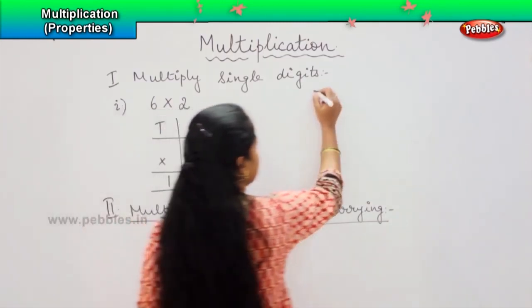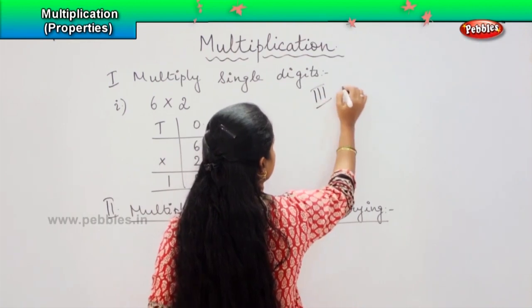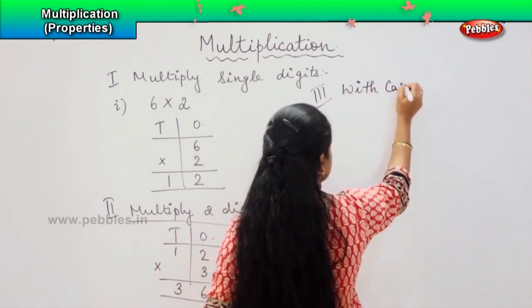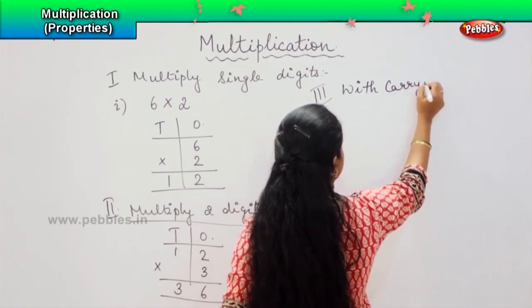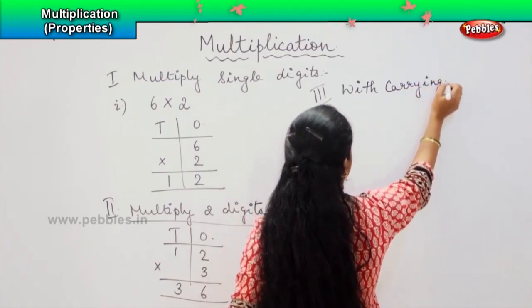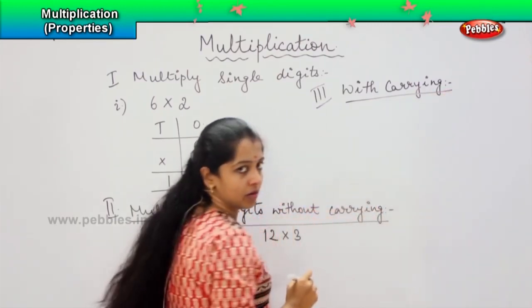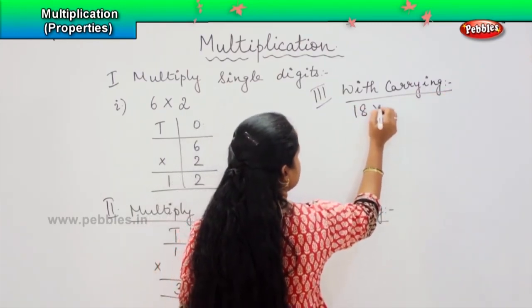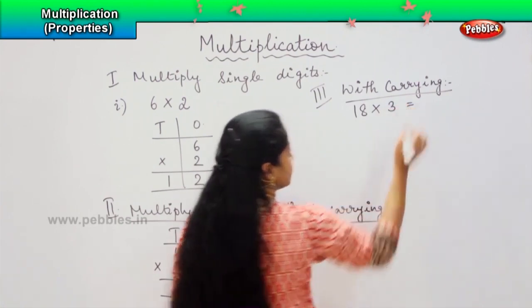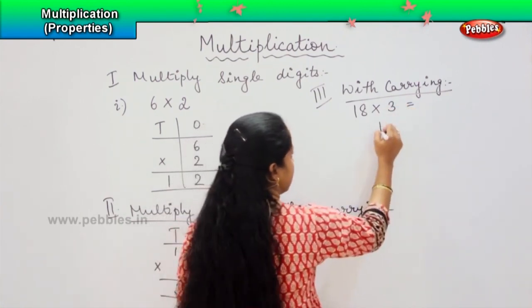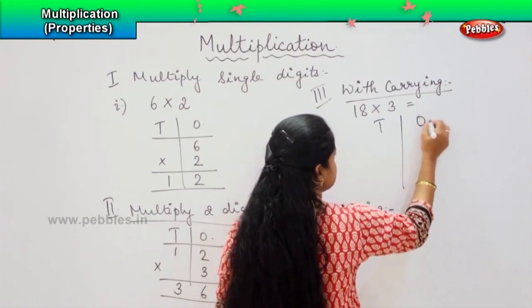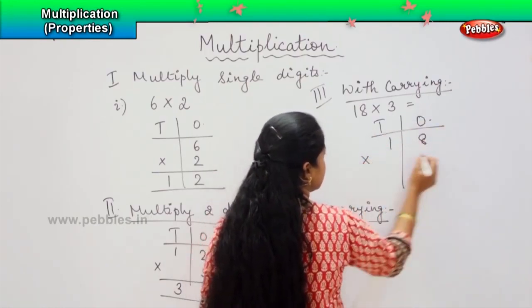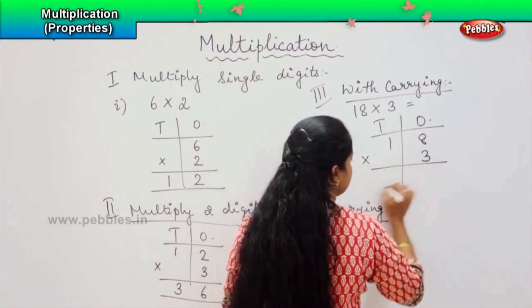Okay, the next one is the with carrying method. Okay, so now the question is say 18 into 3. Tens, ones. Now 18 into 3.